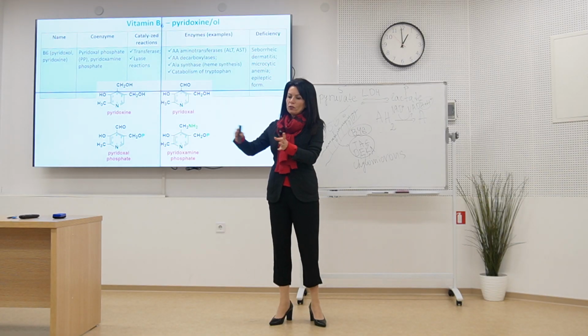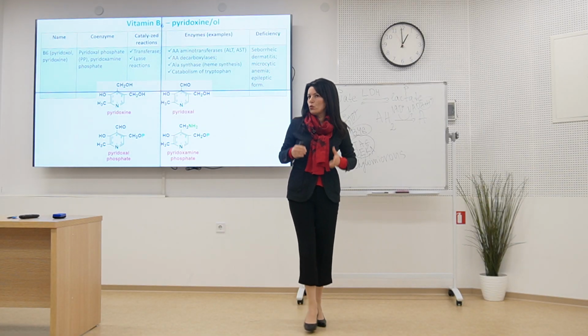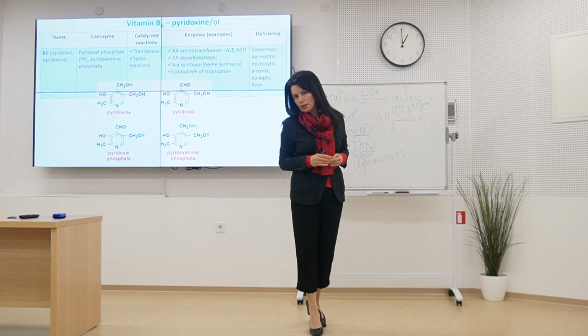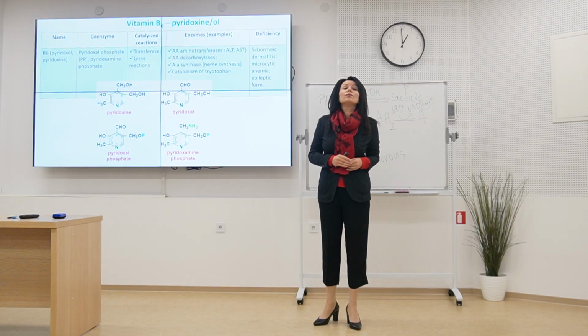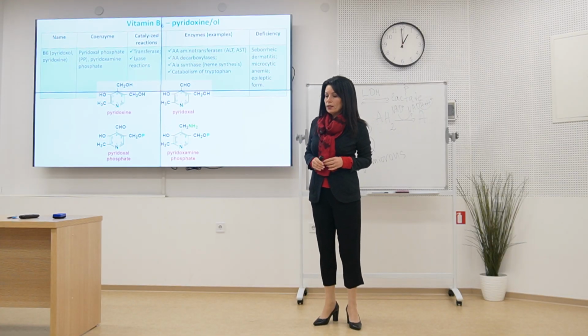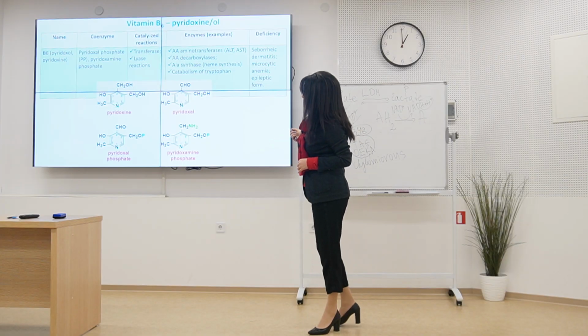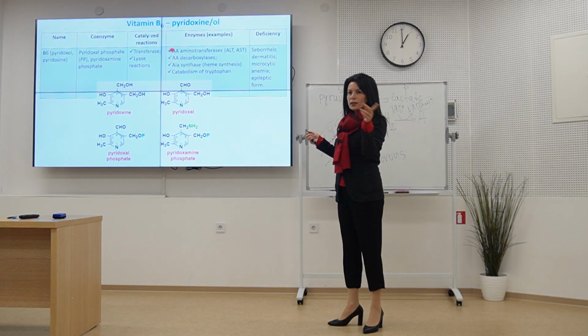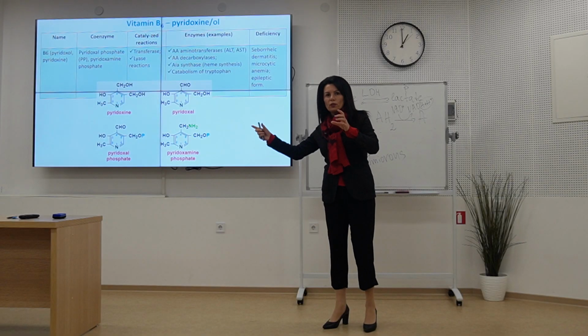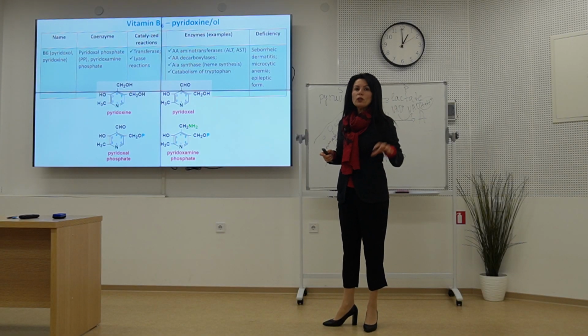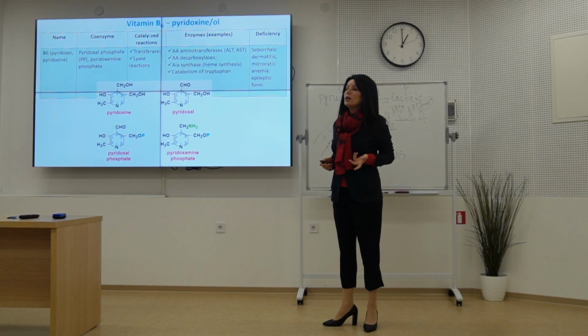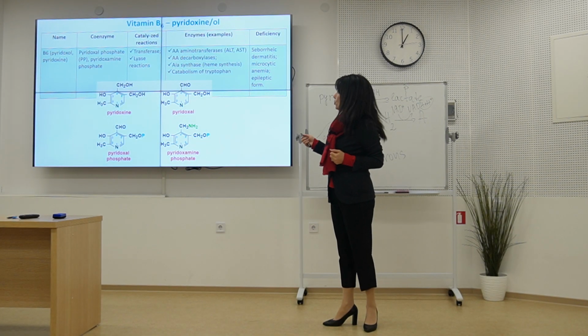When there is removing of an amino group, what will be the type of this reaction? Can you understand? It is deamination. It is called deamination. Or transamination, when there is transfer of an amino group. In both of the processes participates B6, pyridoxal phosphate.